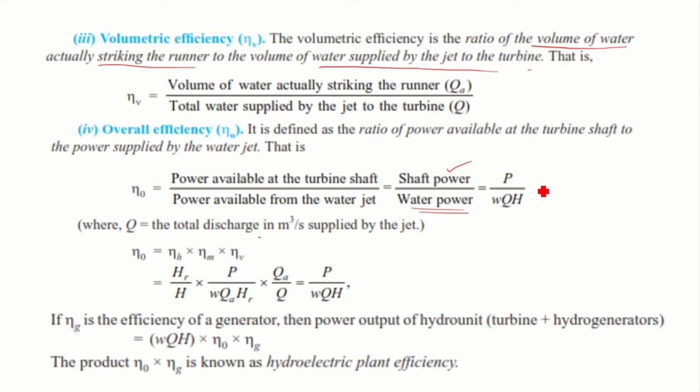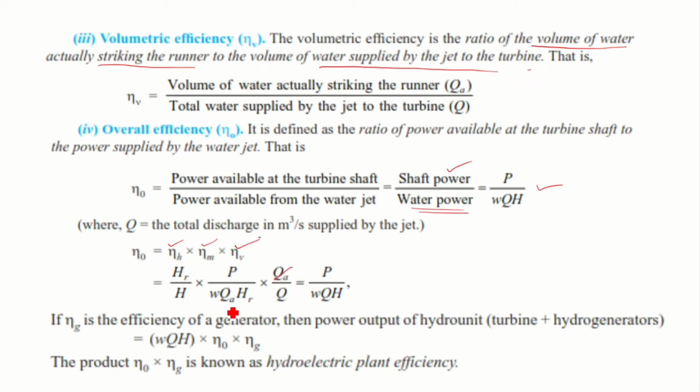So P by W Q H gives the overall efficiency. Overall efficiency will be the product of hydraulic efficiency, mechanical efficiency and volumetric efficiency. Hydraulic efficiency is represented as H_R by H, mechanical efficiency is represented as P by W Q_A into H_R, and volumetric efficiency is represented as Q_A by Q.